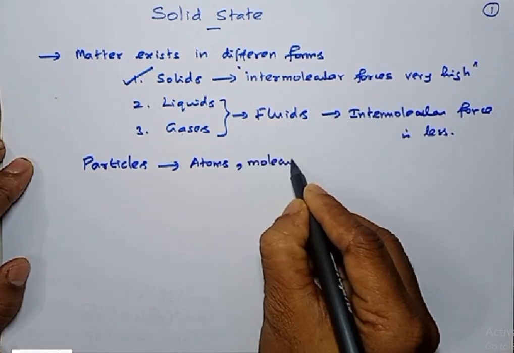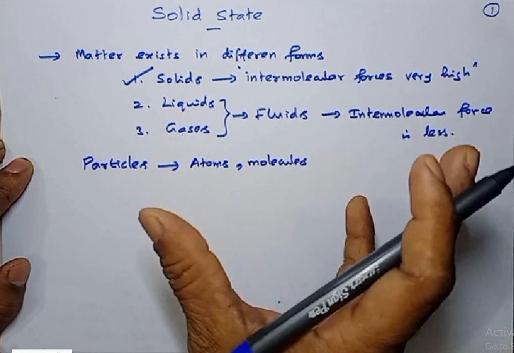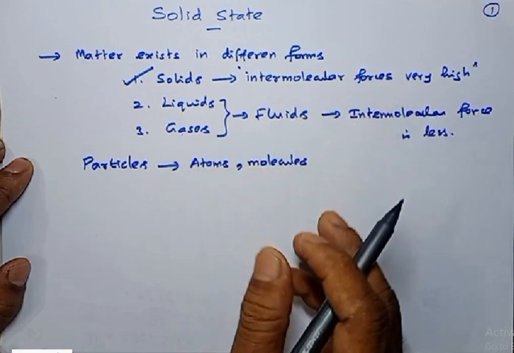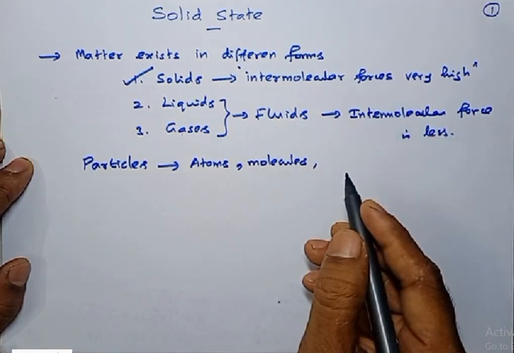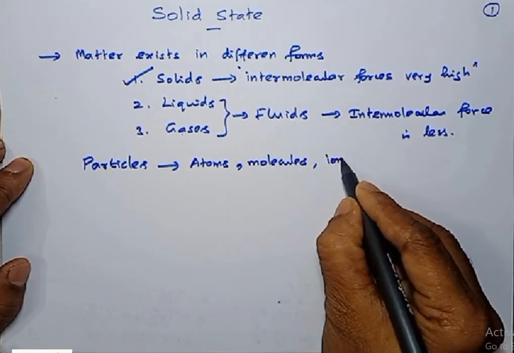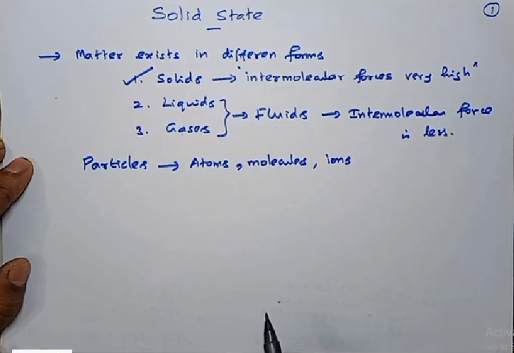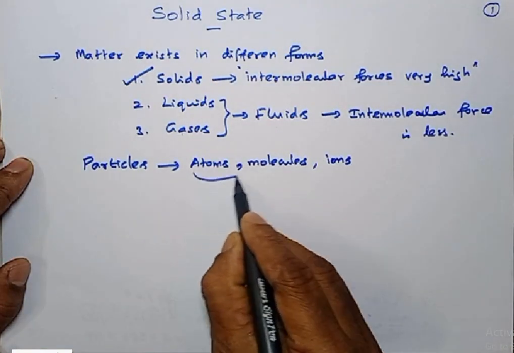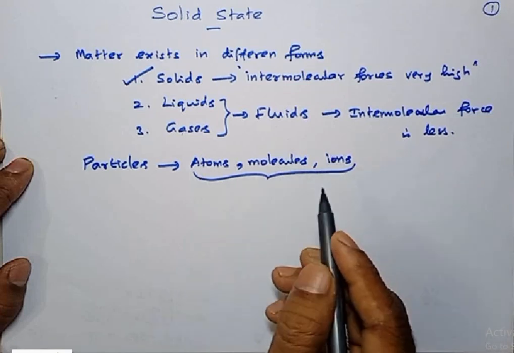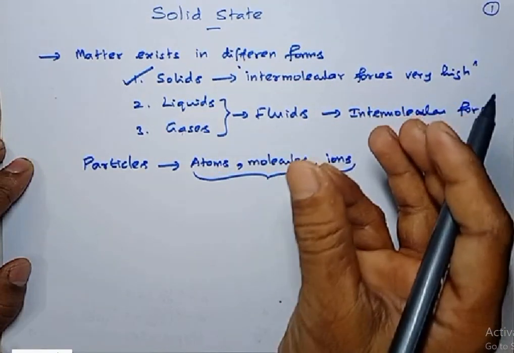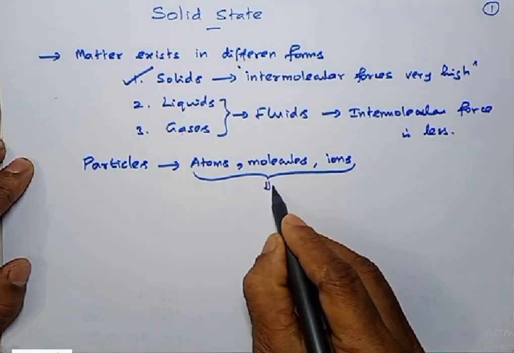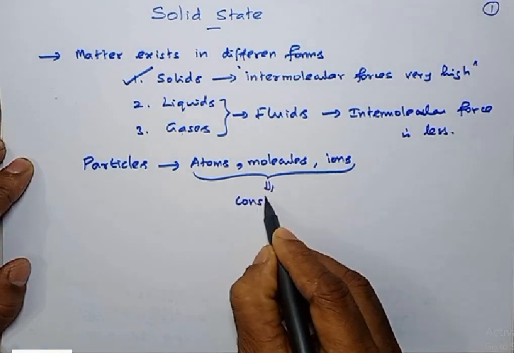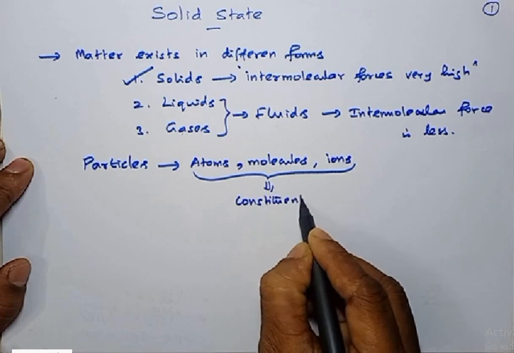Many molecules aggregate together and form a solid. And solids may also be formed by the combination of ions. And these atoms or molecules or ions which form a crystal or a solid are generally called constituent particles.